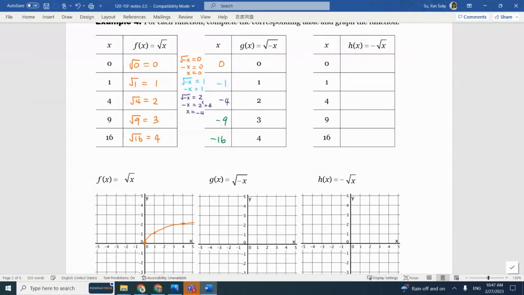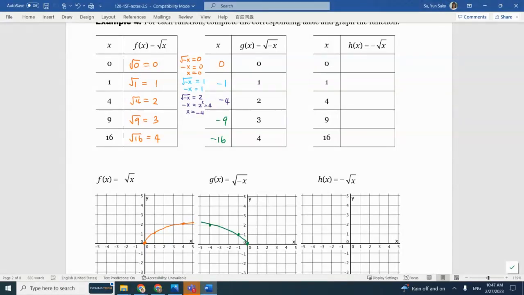Is everybody okay with the pattern? All right. So can you see the x? The x is exactly the opposite of whatever we had before, right? So therefore, we plug in 0, 0, minus 1, 1, minus 4, 2, and we get the picture like that.